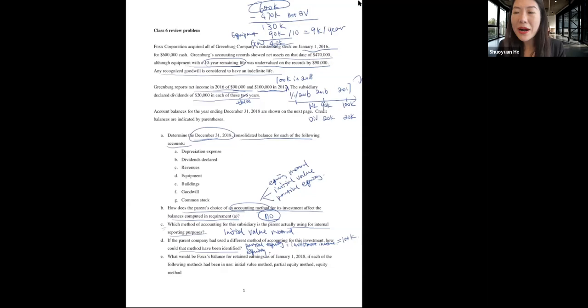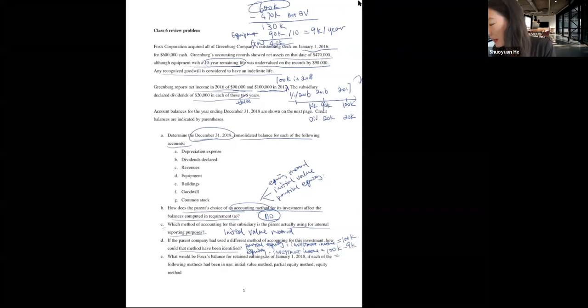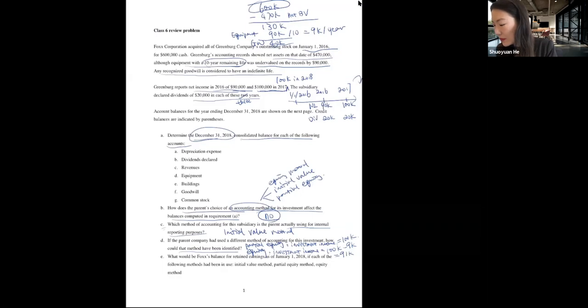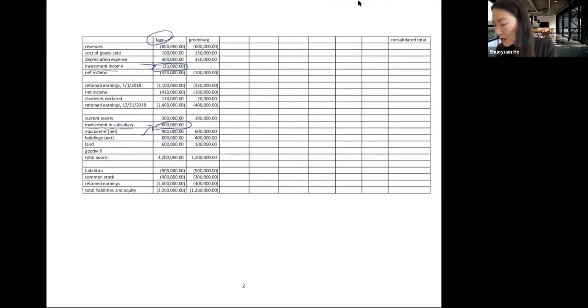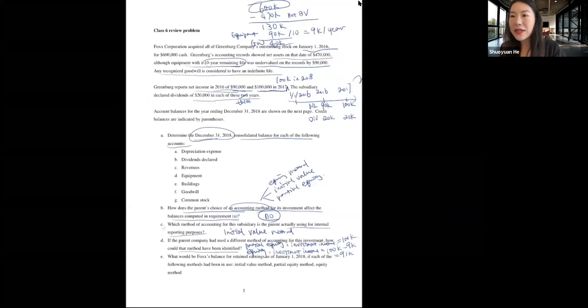And then if the parent has been using the equity method, the investment income should be 100,000. And then we need to take out amortization, 9,000. So investment income should be 91,000. So this is regarding the investment income.